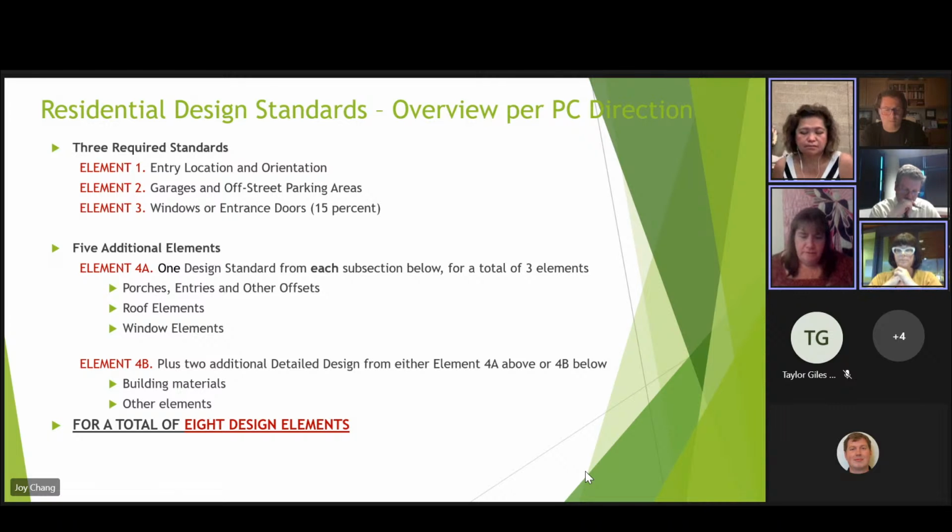Yeah. So my thought was, we want to focus that the entrance location be to the street, but do we care if it's 8 feet from the street or 9.5 feet? That it faces the street is fine, that it's open to a covered porch. I mean, that it has to be one of these.